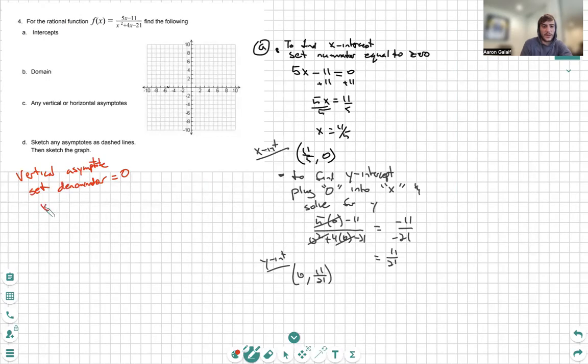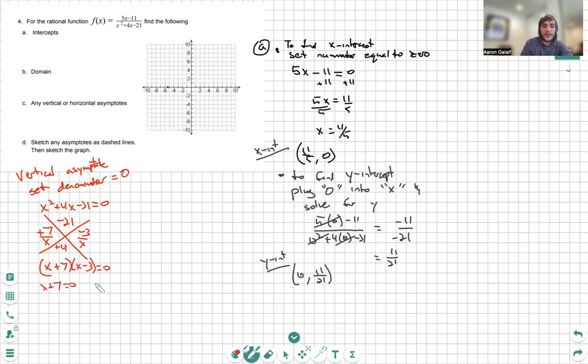In this situation, we have x squared plus 4x minus 21 equal to 0. We need to factor this with the x method. We have negative 21 on top, positive 4 on bottom. I see this can be plus 7, minus 3. We can rewrite it as x plus 7, x minus 3 is equal to 0.